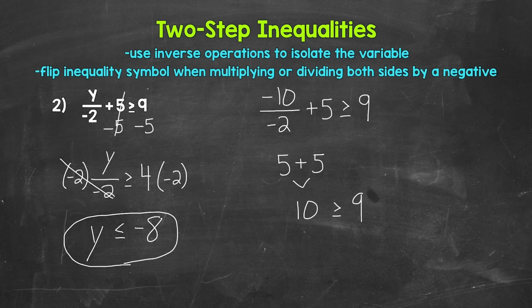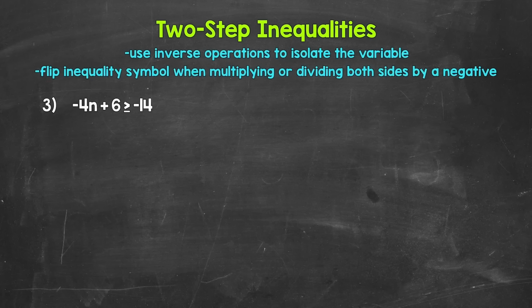Let's move on to number 3. Now let's take a look at number 3, where we have negative 4n plus 6 is greater than or equal to negative 14. So we need to undo the addition first here. We use the inverse operation, which is subtraction. So subtract 6 from the left side.